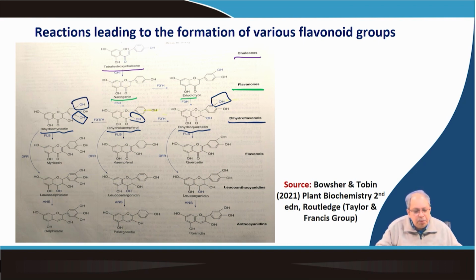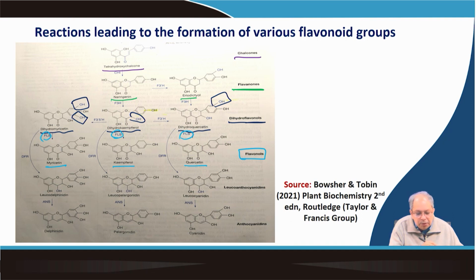These structures we may see in the subsequent class, and then these dihydroflavonols can be converted to flavonols. What are the flavonols? Quercetin, kaempferol and myricetin. The enzyme is called flavonol synthase.